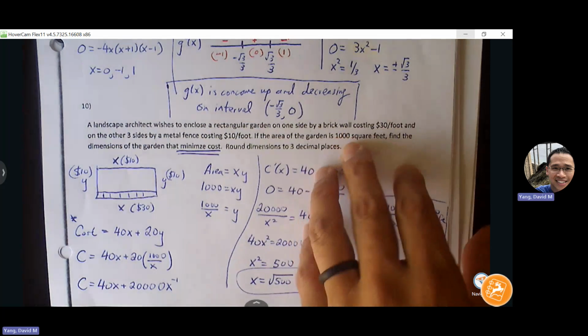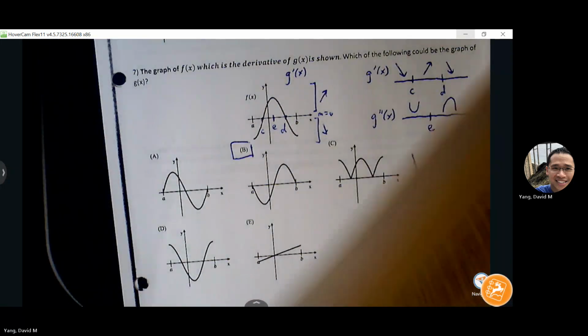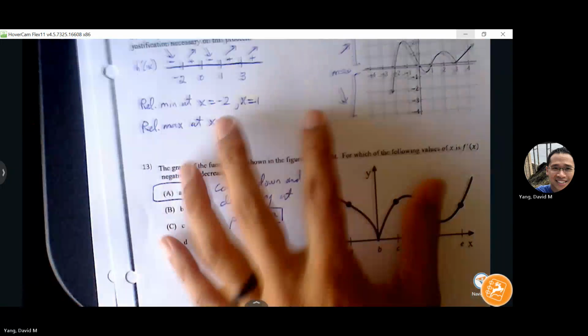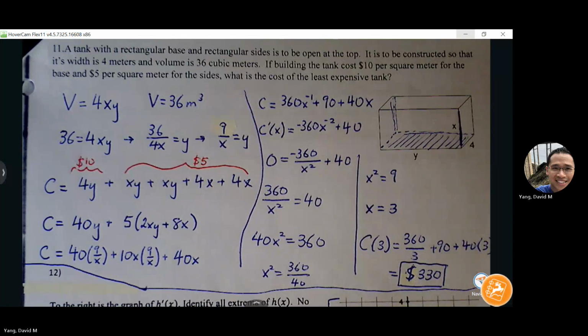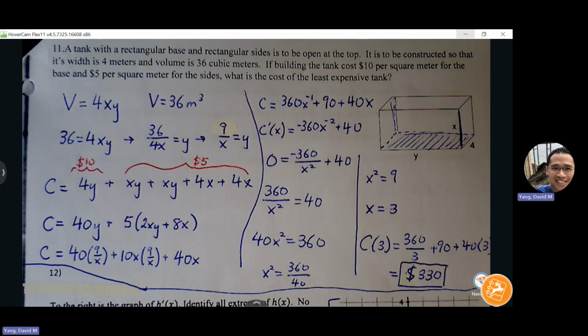Any questions here? Okay, so this one also involves costs, but now we are associating volume with surface area, and surface area is what goes hand in hand with costs, right?